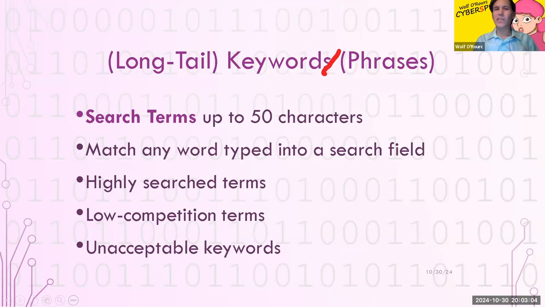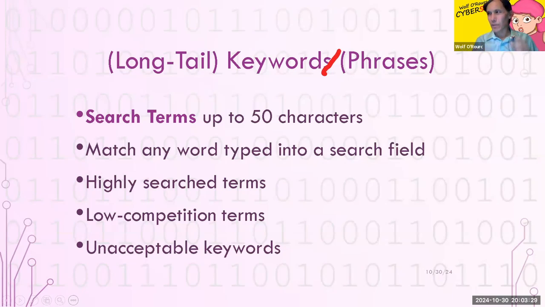And you get the best results if you can match as much of the search term as possible. So the correct term, if you want to use it at all, is long tail keyword phrases. That's what they are. Or you just say search term now and be done with it, because that's what it is. Because the search terms can be up to 50 characters.